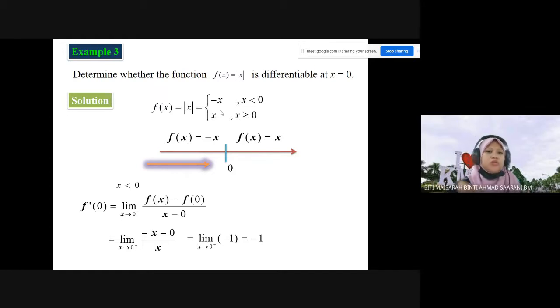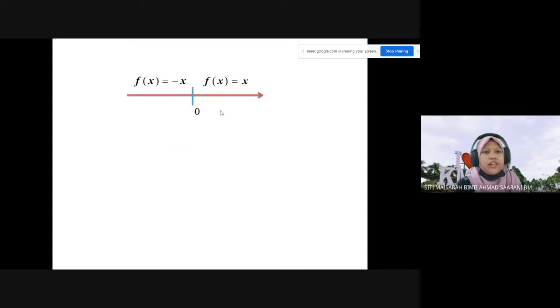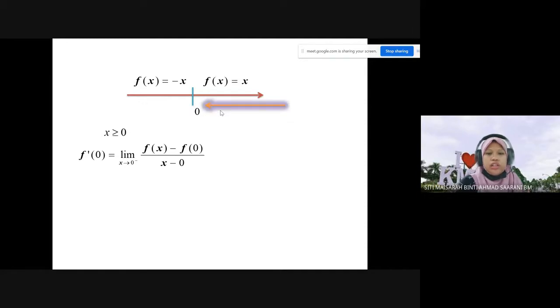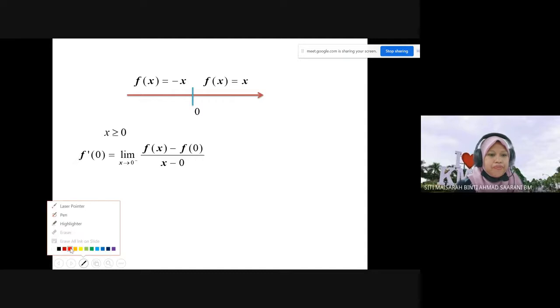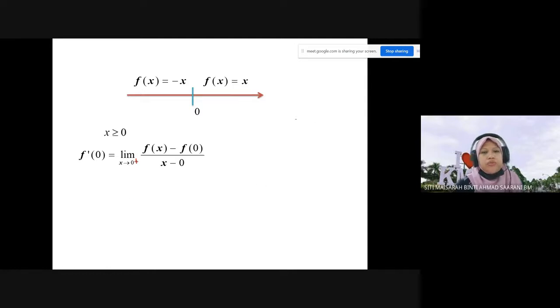Okay. Perkara yang sama juga kita buat untuk yang sebelah kanan. Buat kanan pula. So jadi kalau kanan, berapa? Kanan, f prime 0 from right is limit x approach 0 from right, f(x) minus f(0) over x minus 0.